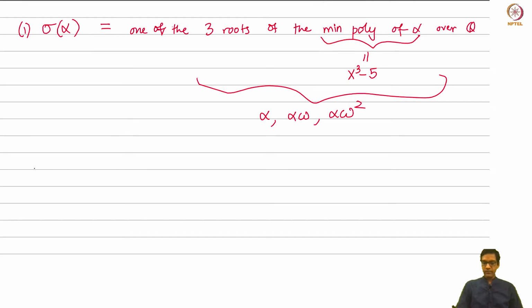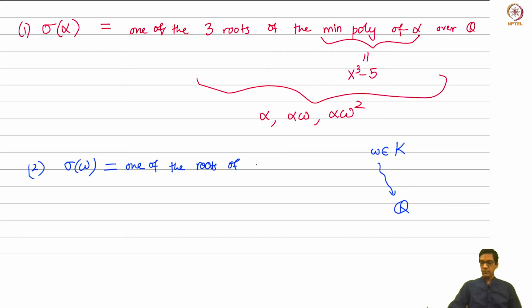Now analogously, we ask, okay, what about the other generator? What can sigma of omega map to? By the same token, we need to ask, what is the minimal polynomial that omega satisfies over Q? So I have this element omega in K. Omega satisfies some irreducible polynomial over Q. Sigma must map omega to one of the roots of that irreducible polynomial, the minimal polynomial.